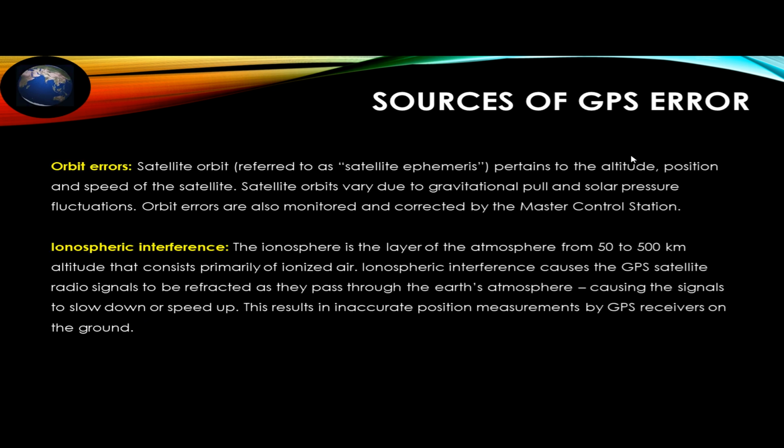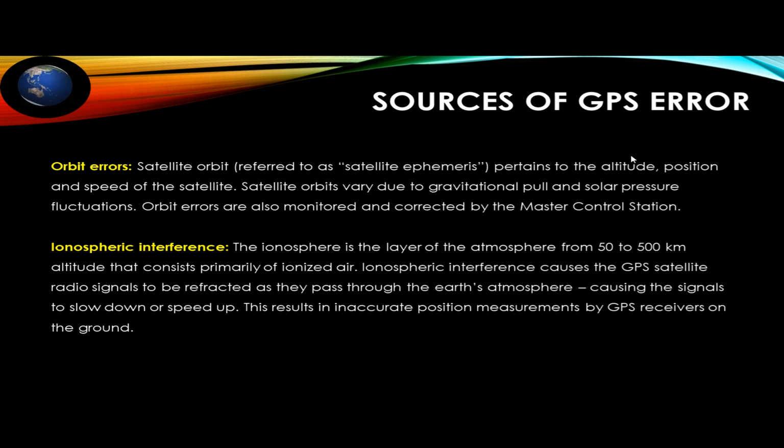Then there are orbit errors. Satellite orbits are referred to as satellite ephemeris, which pertains to the altitude, position and speed of the satellite. Satellite orbits vary due to gravitational pull and solar pressure fluctuation.